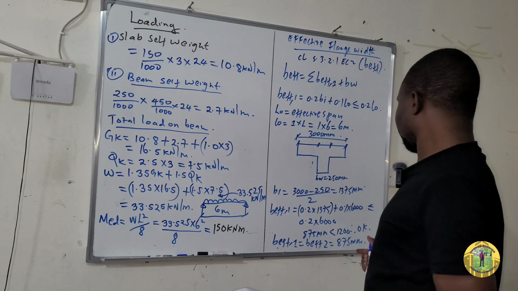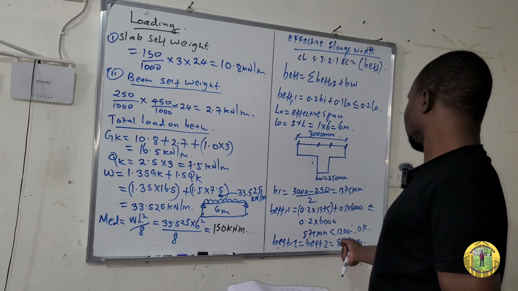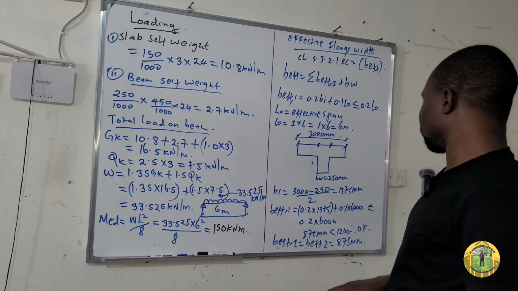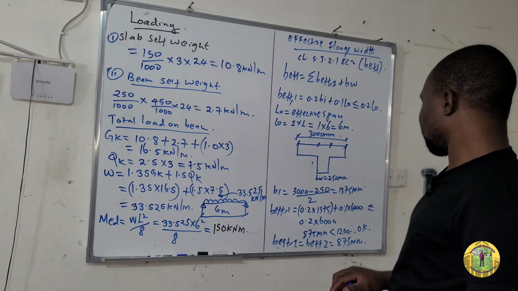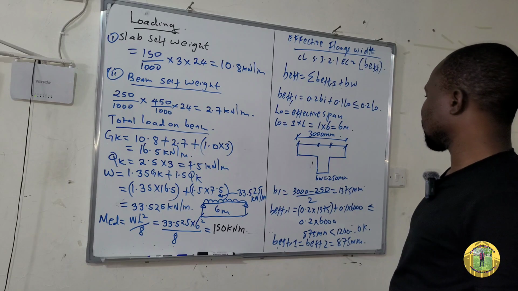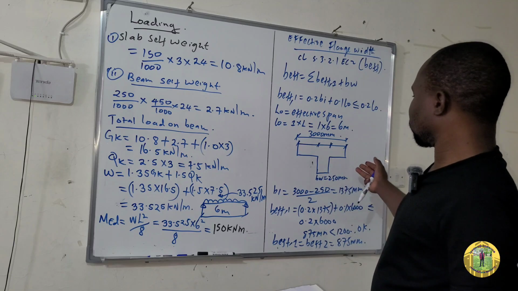So BEFF1 is equal to BEFF2, which is equal to 875 millimeters. Remember, this BEFF is the effective flange length on either side of the web.